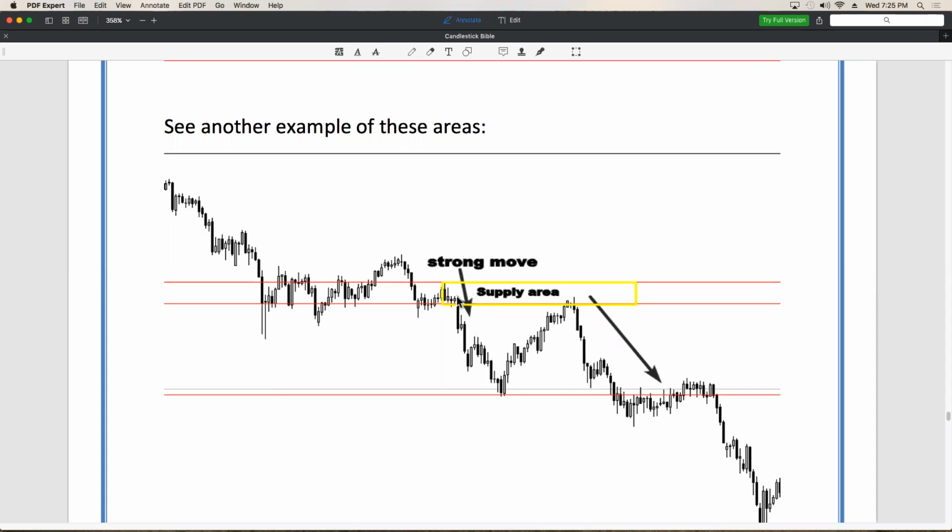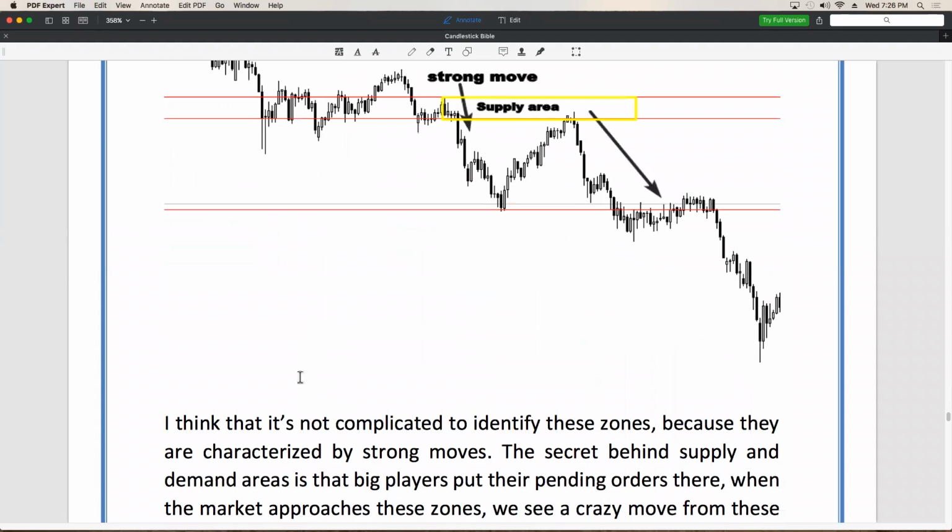See, what we normally do, we see these long candlesticks, and we know work needs to be done coming back up. But they say a lot of people make money by waiting till it comes up and reaches that supply area, and then putting pending orders for it to come on down again. And look, there's some meaty candles right there.